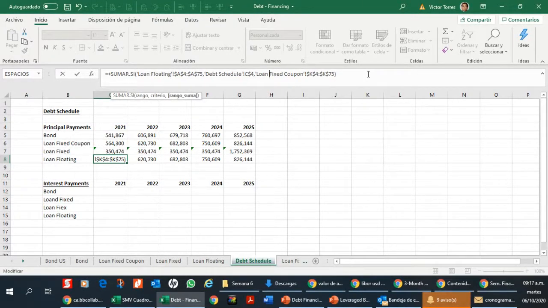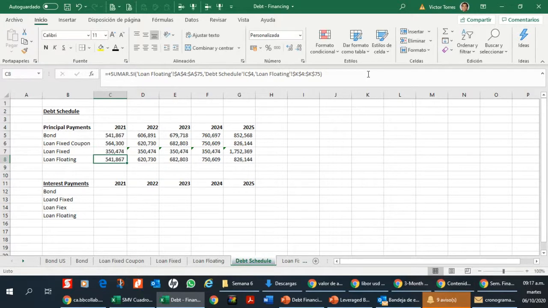And loan floating, it works. Now it works. It was missing one apostrophe. I just realized that, and the other formula wasn't working out.